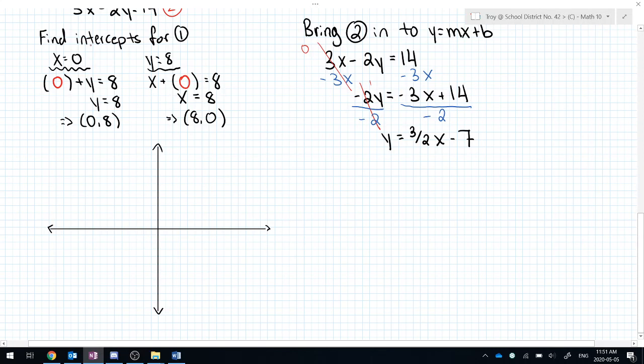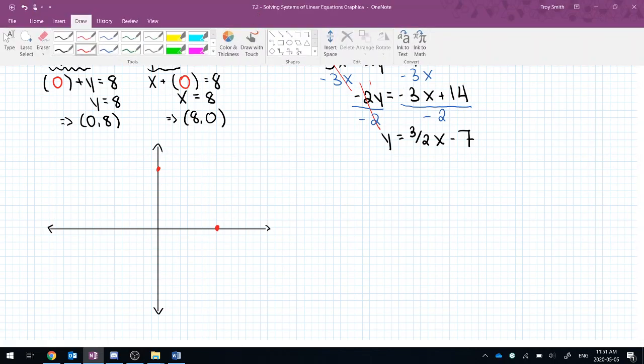So we had 8 for both the y and the x-intercept. So 1, 2, 3, 4, 5, 6, 7, 8. So that's going to be our x-intercept. Then 1, 2, 3, 4, 5, 6, 7, 8. There. Okay, so those are those two intercepts we calculated.